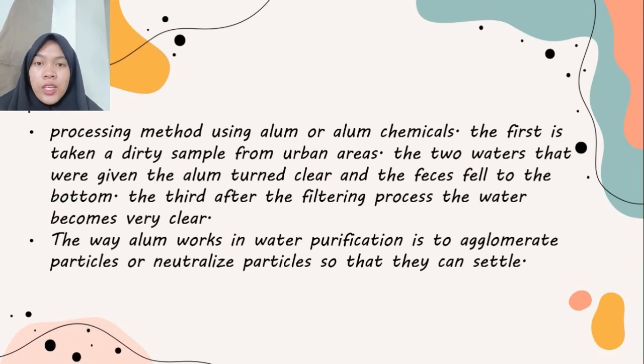The way alum works in water purification is to agglomerate particles or neutralize particles so that they can settle. Dirt is a colloid in dirty water that repels each other.